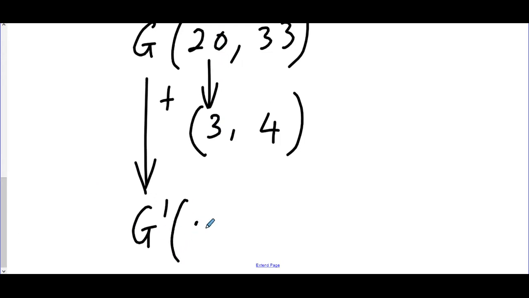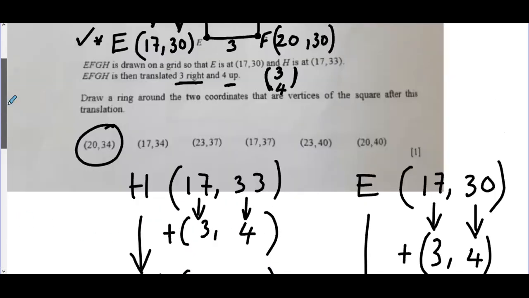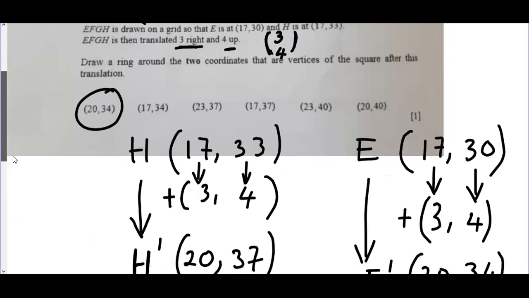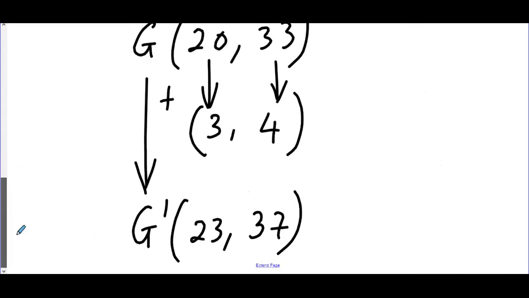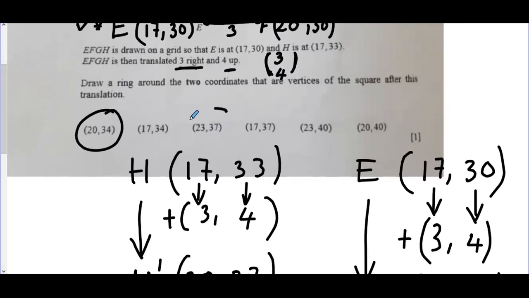That will give you 23. And 33 plus 4, that will give you 37. Okay, 37. Now, do we have 23,37? Yes, we do. This is also another coordinate of the vertices after this translation, 23,37.